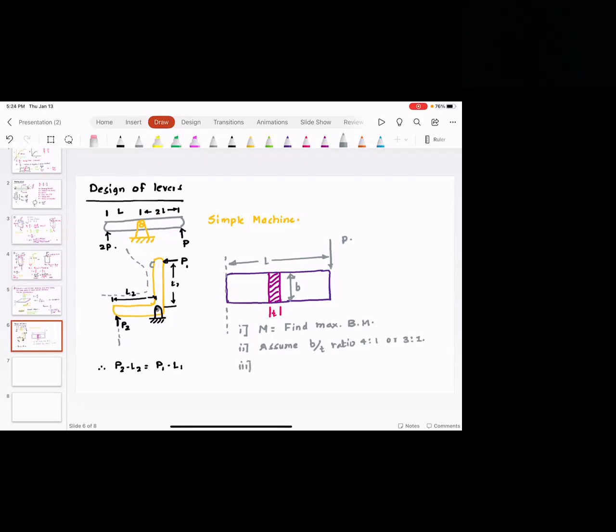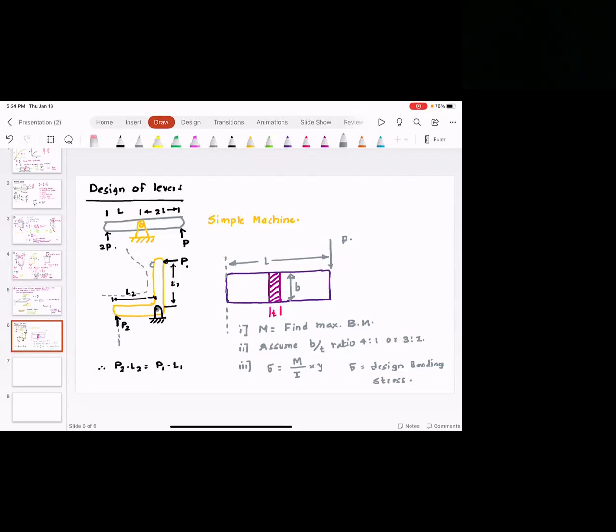Then the third step is to use the equation sigma is equal to M divided by I multiplied by Y, where sigma is the design bending stress. So this is a very simple process to design a lever.